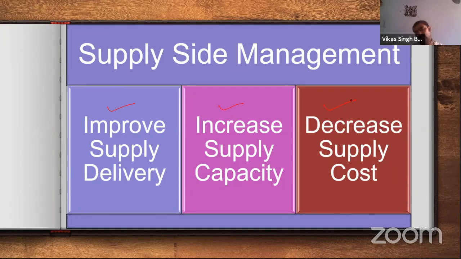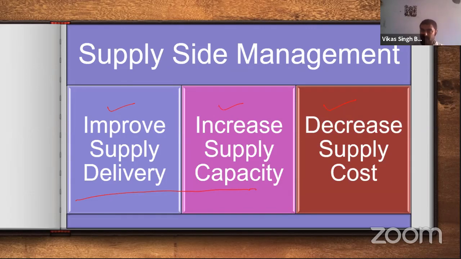Whenever a consumer is purchasing electricity and the price is increased, there will be some opposition about why the prices are increased. So every time the supply side is interested in improving the delivery of the supply and increasing the capacity, but these two works will be done with the reduction in supply cost, but it is not possible at all times.